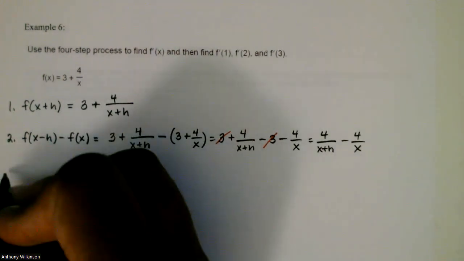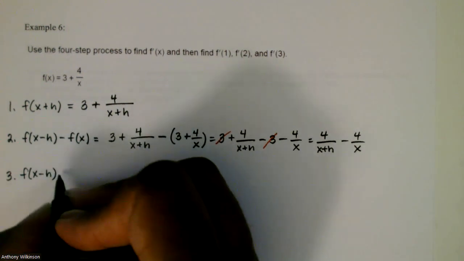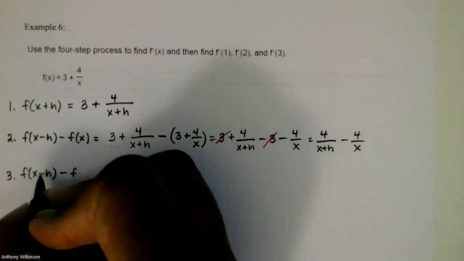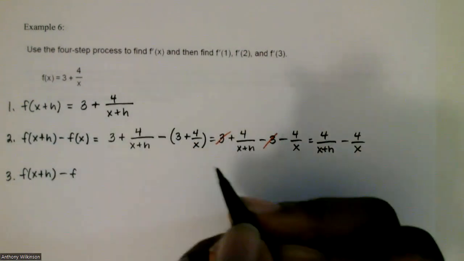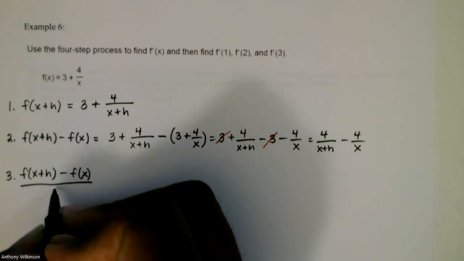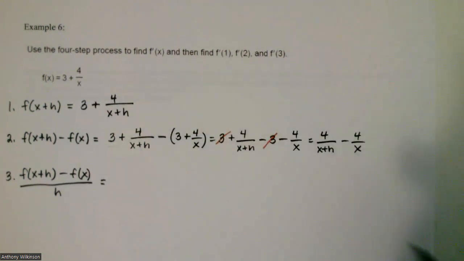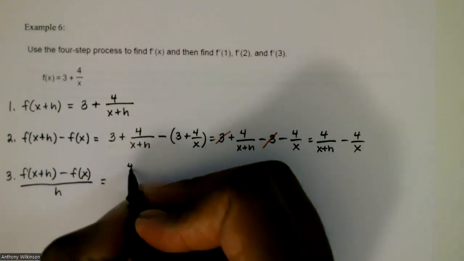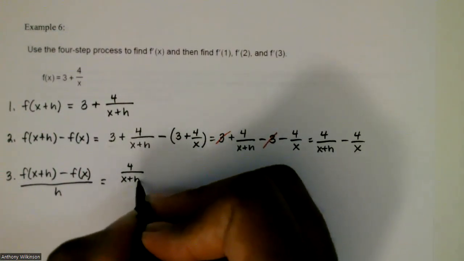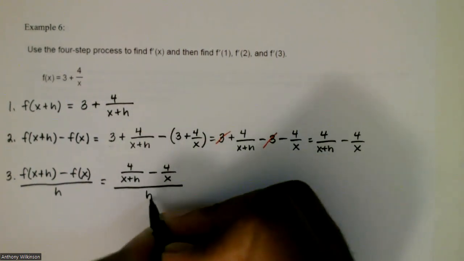And then step number 3 is to take f of x plus h minus f of x, and divide that by h. So that f of x plus h minus f of x was 4 over x plus h minus 4 over x, and that's going to be divided by h.